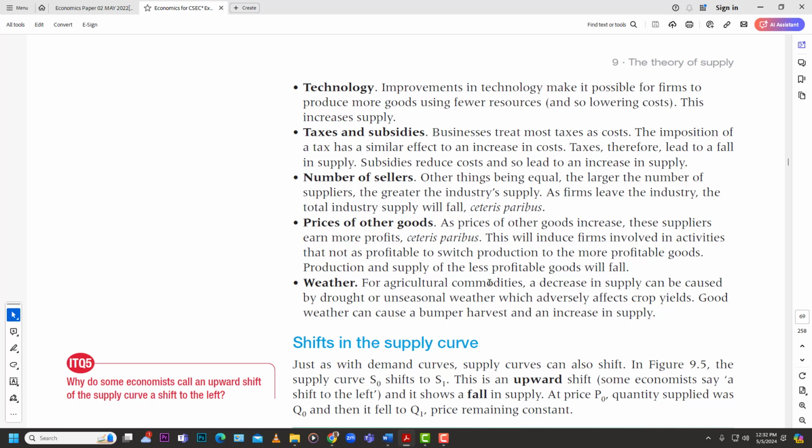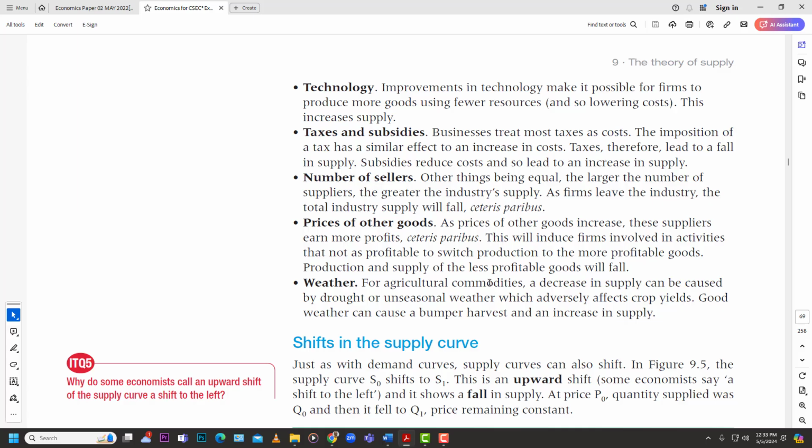Technology, if technology improves in a way that makes producing pens easier, cheaper, then supply will go up. The number of sellers, so if there's a reduction in the number of sellers in the market for pens, then the supply of pens will go down, because if you had 10 sellers and then 5 leave the market, then those 5 will no longer supply the pens.